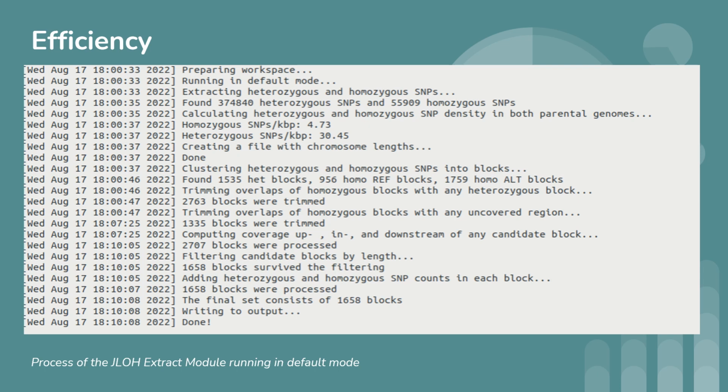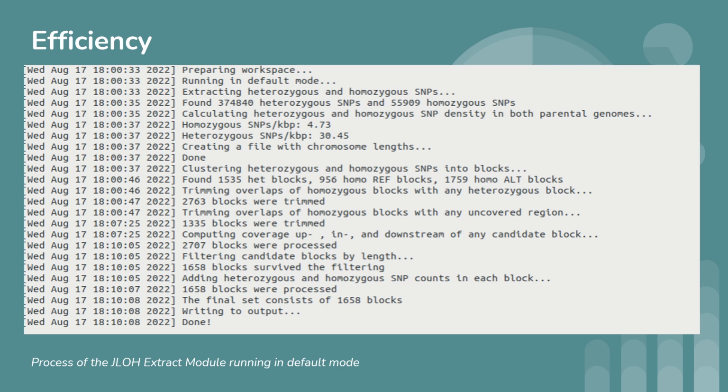Now to the testing and optimization, which is where I come in. JLO has a few modules to extract and manage LOH blocks, but I mostly worked on testing JLO's extract module as it is a primary module in the toolkit. When run in default mode with one FASTA file, one VCF, and one BAM file, this is what gets printed on the terminal.